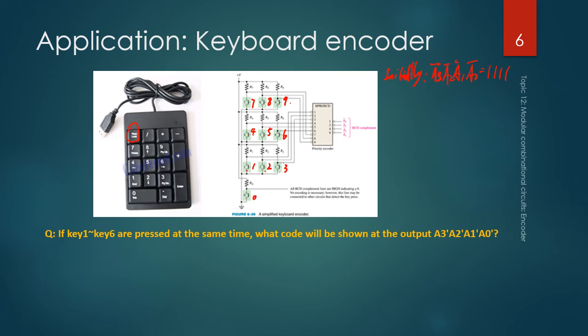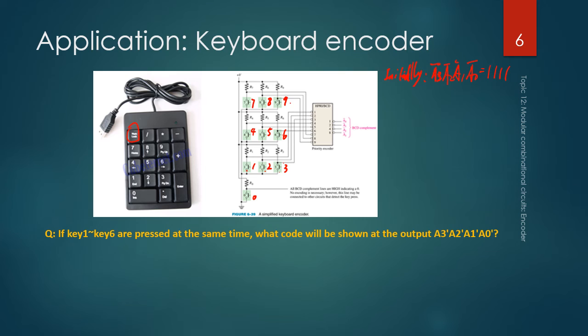However, if one key is pressed, say we press key 0, 0 is using a separate circuit to connect to the internal circuit of the computer to recognize 0. But for keys 1 through 9, we use this decimal to BCD encoder.